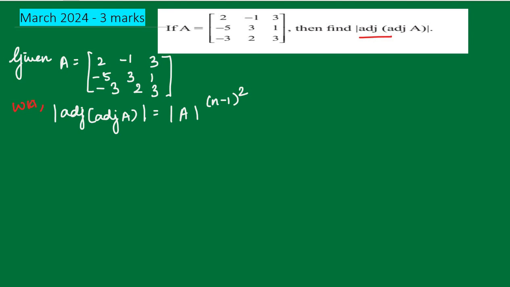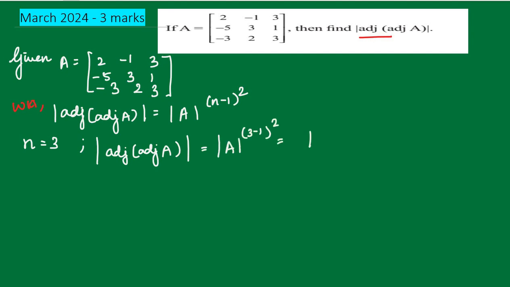The order of the given matrix is 3, and therefore determinant of adj(adj A) is equal to determinant of A whole power (3 minus 1) the whole squared, which is equal to determinant of A squared the whole squared, which is equal to determinant of A power 4. So it is enough if we find the determinant of A and raise it to the power of 4.